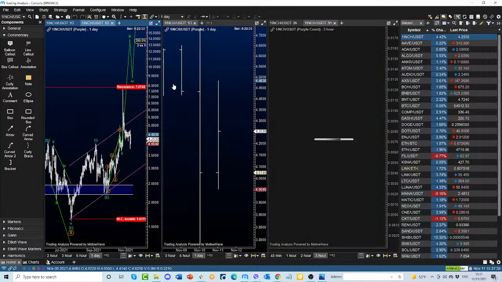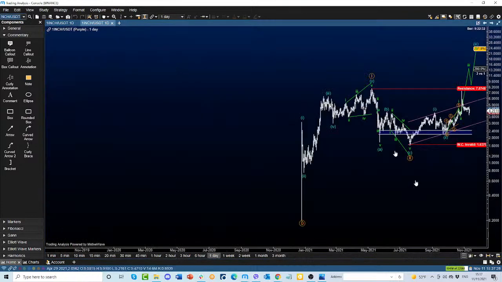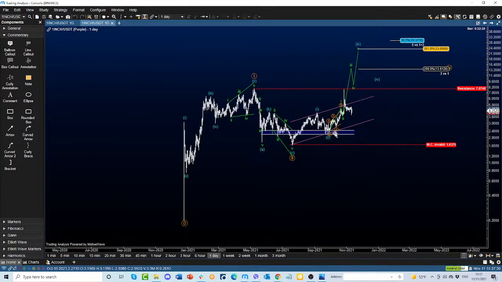If we also look at 1inch, 1inch also didn't provide us with enough. We were right on this correction, on this 5-wave move, and of course a further advance was pretty visible, but this reversal makes me very much doubt the further continuation on the upside.